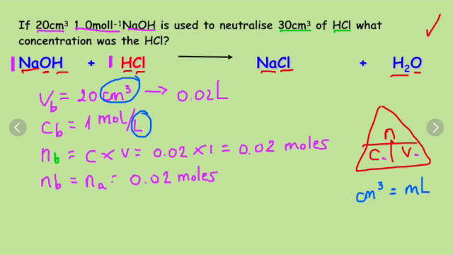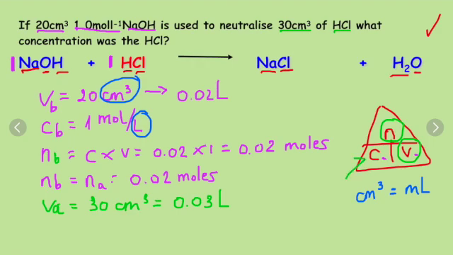I put it in purple because that information comes from the base. But in the question we also know that the volume of the acid is 30 centimeters cubed, which is 0.03 liters. So now we have the number of moles and the volume.